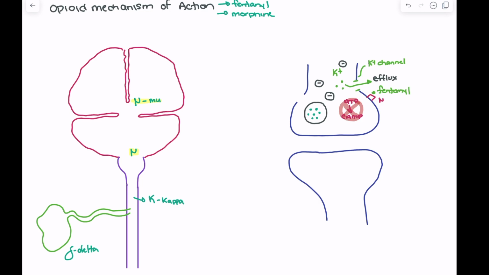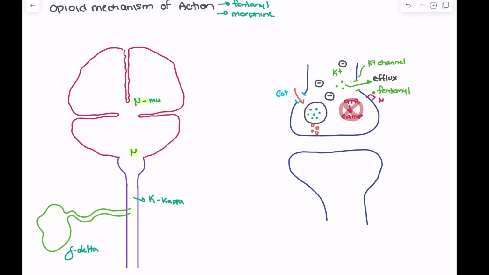The other consequence that we see here is that we will close calcium channels. We have calcium channels that live on the presynaptic membrane, and the function of this calcium channel is to allow calcium to enter. Calcium plays an important role in pulling our vesicle down to the presynaptic membrane and releasing those neurotransmitters.